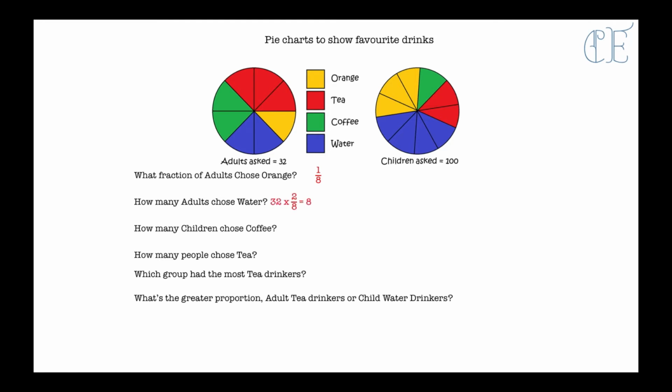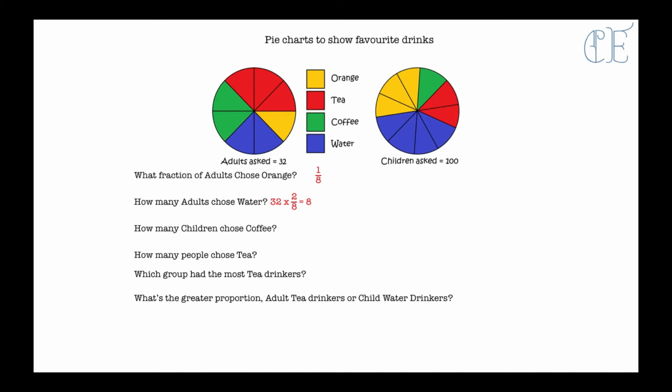A little bit like this. Instead of the way I've written it here, 32 times 2 over 8, you can do 2 divided by 8 first, press equals, and then times by 32. That will give you 8. So that tells you exactly how many adults chose water.